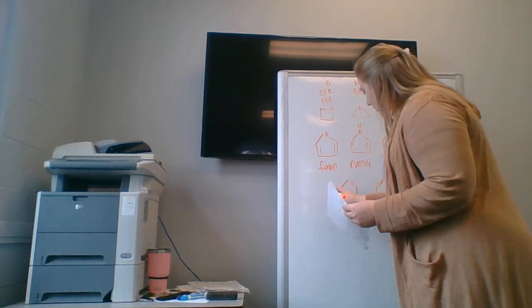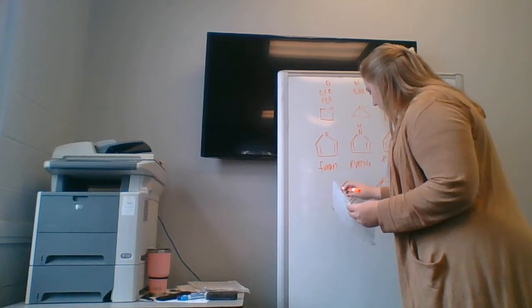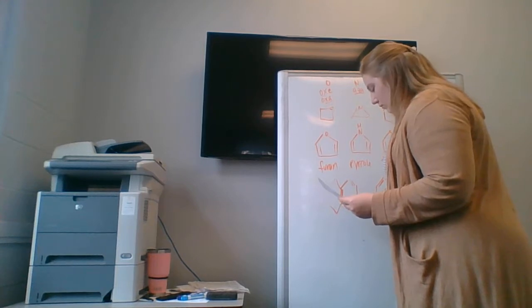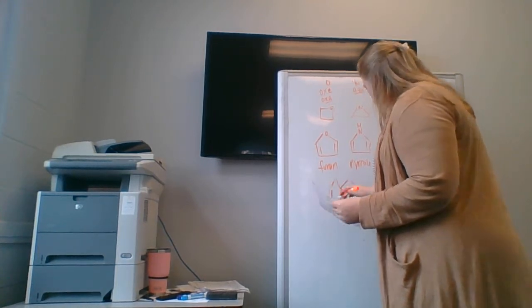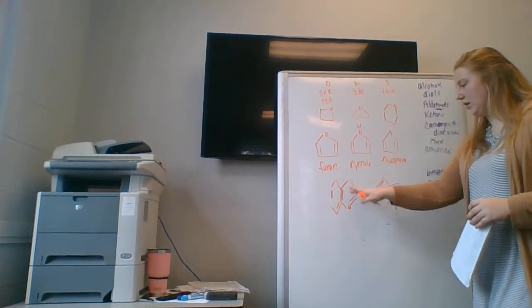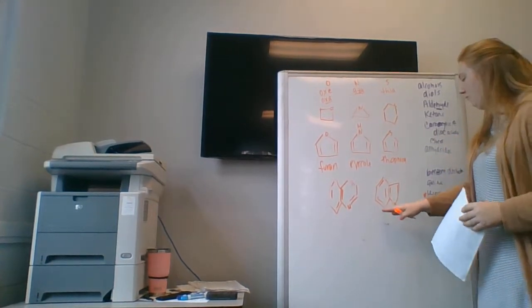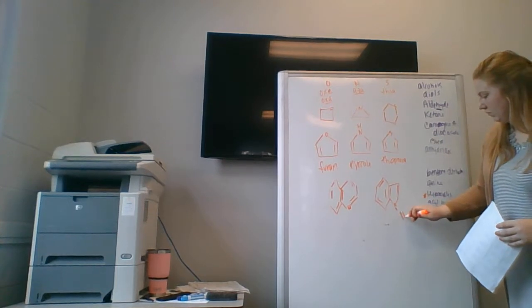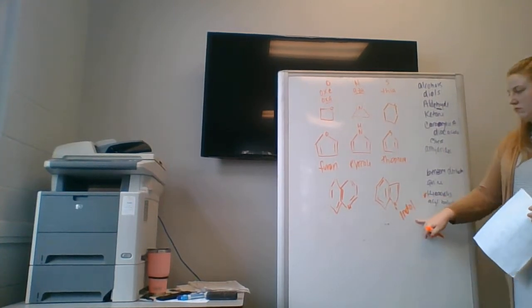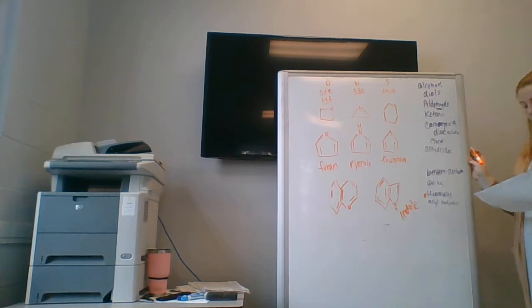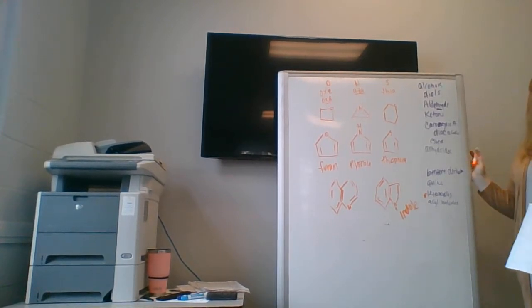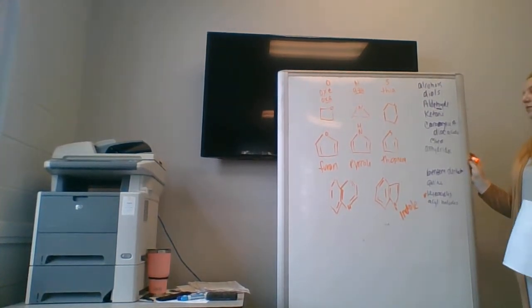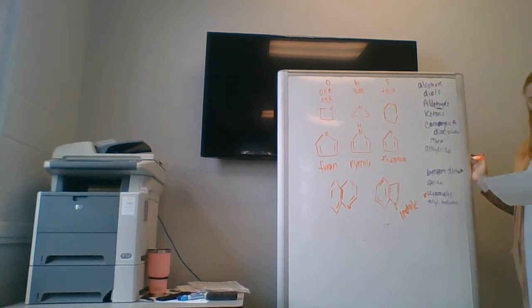So if I draw benzene here, okay, so benzene and pyridine, this is quinoline. Here we have benzene and pyrrole, and that's going to give you indole. Remember this pyrrole.